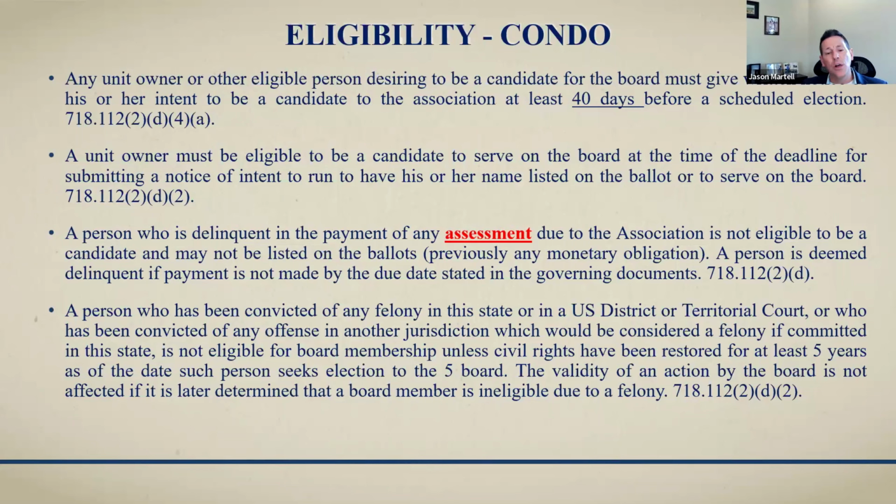A question I get a lot is, okay, we didn't know about that, and the board took certain actions, there were board votes, whatever it may be. Does that wipe out everything that we've done? And the answer is no. Okay, it doesn't invalidate any of the decisions that the board made prior to the board becoming aware of this situation.